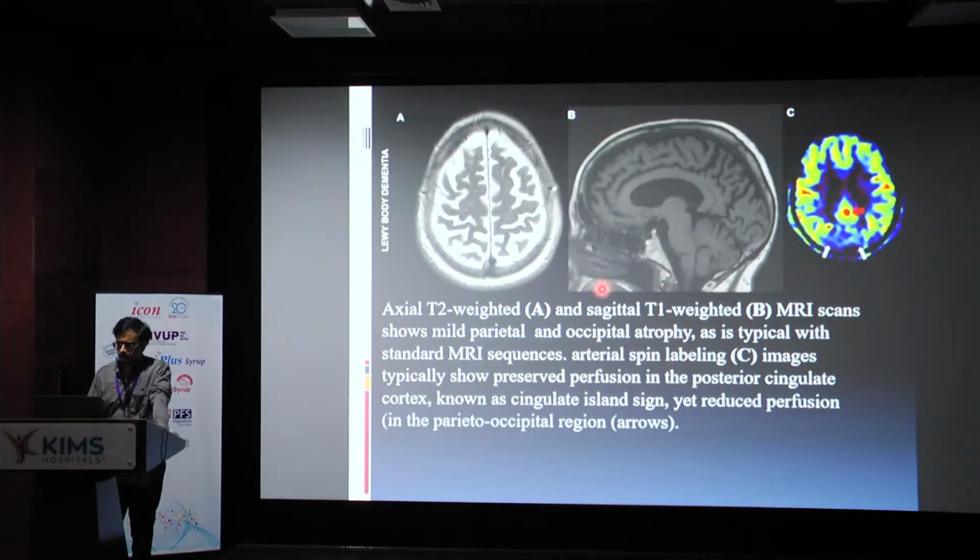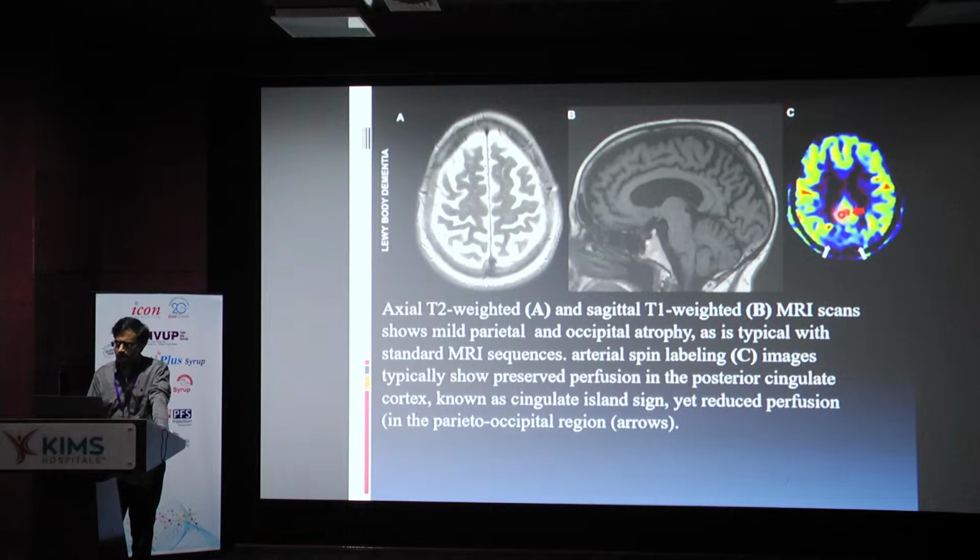In this patient, on the sagittal sequence, you see the parieto-occipital sulcus and posterior cingulate sulcus, which will tell us whether there is atrophy or not. So the sagittal sequence will tell us more of what is happening to the posterior parietal and occipital lobe. And then we see hypoperfusion happening here.